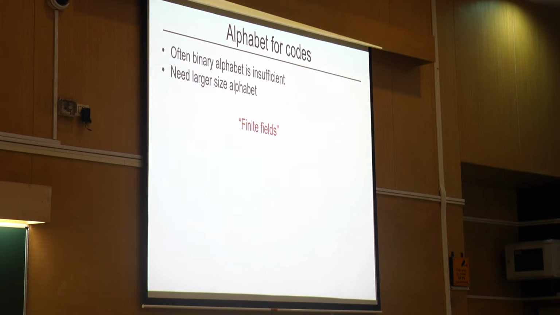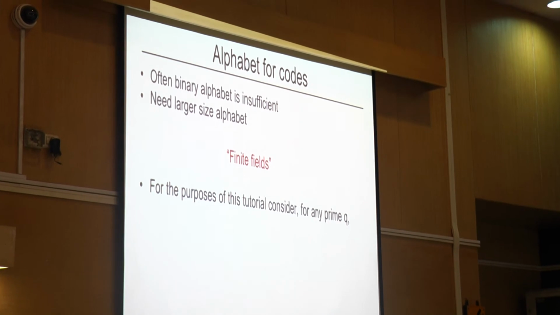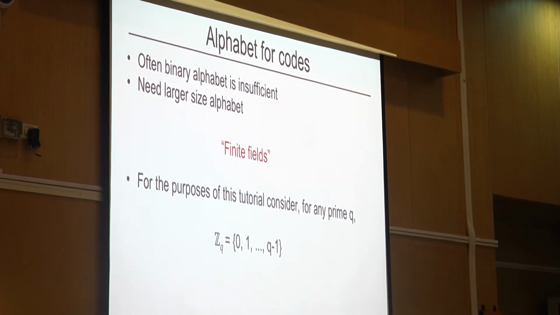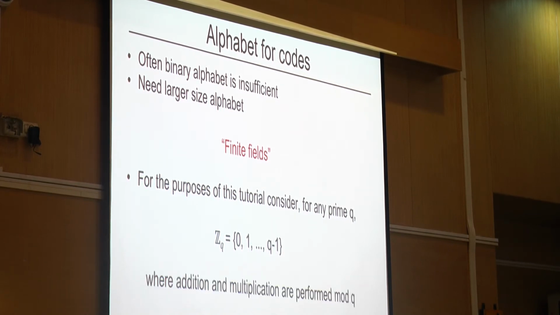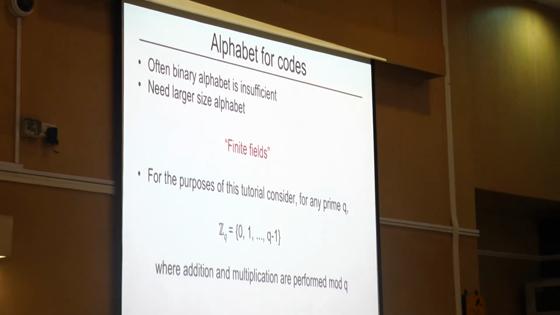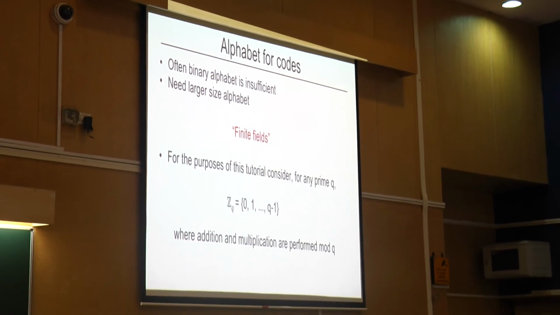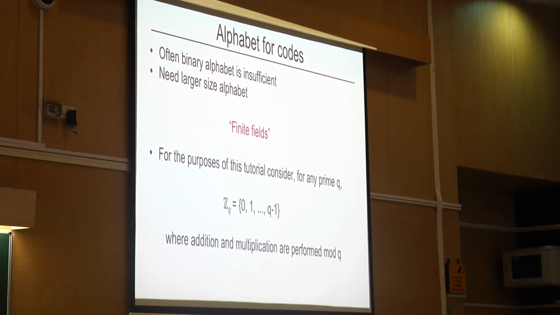They have certain properties, and we won't have time to go in depth into that. But for the purposes of this tutorial, you can consider a finite field as, for a prime q, Z_q. That is basically the set 0 to q minus 1 with addition and multiplication modulo q. As long as q is prime, for this set we will be able to do addition, subtraction, multiplication, and division, that is, both inverse operations.